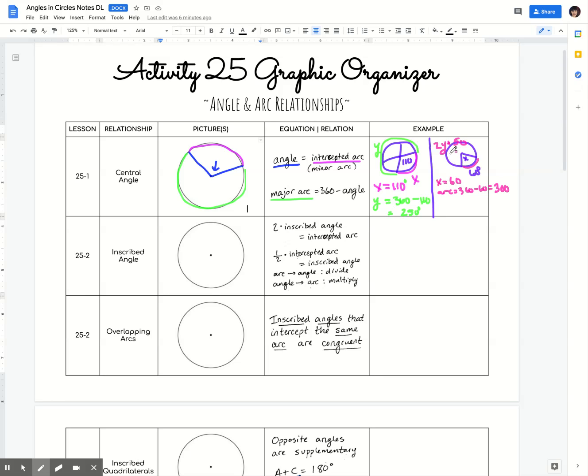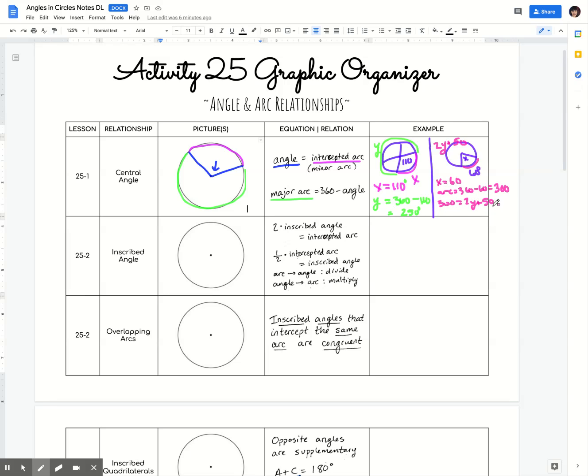So that means 2Y plus 50 has to equal 300. So 300 equals 2Y plus 50. I'm writing a little too big to solve this whole thing here. I probably should have zoomed in a little more, and I might later in this video.